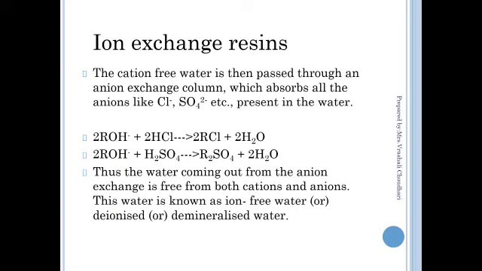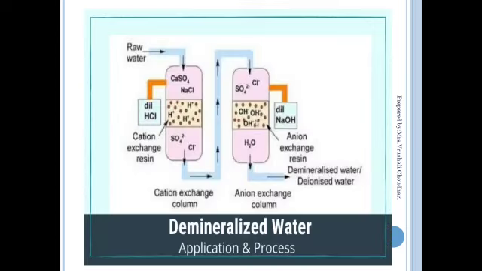The cation free water is then passed through the anion exchanger, which absorbs all the anions like Cl minus, SO4 2 minus and carbonate present in the water, and it produces OH minus, which reacts with H plus to form H2O. Thus, water coming from the anion exchanger is free from both cations and anions, and therefore it is called ion free water, demineralized or deionized water, which does not have any type of cation and anion.